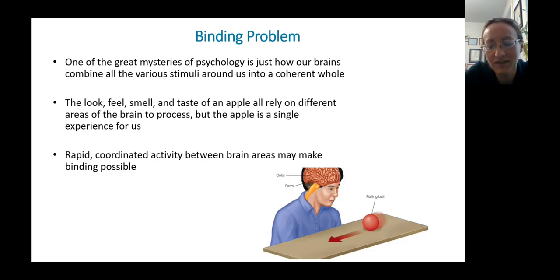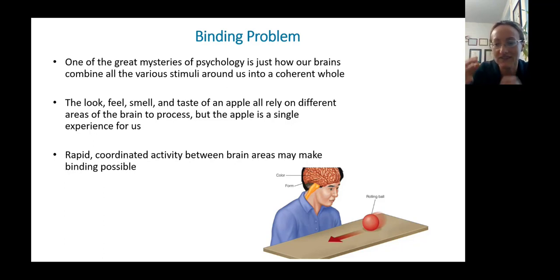So one of the great mysteries in psychology is called the binding problem. How does your brain actually bring all those different sense modalities together to create your perception?